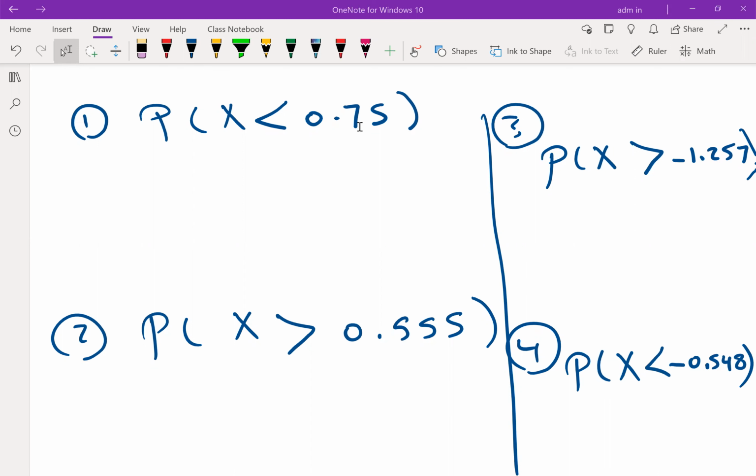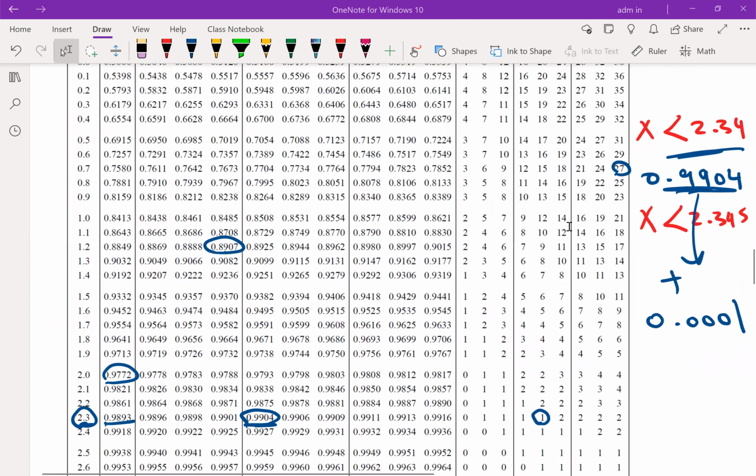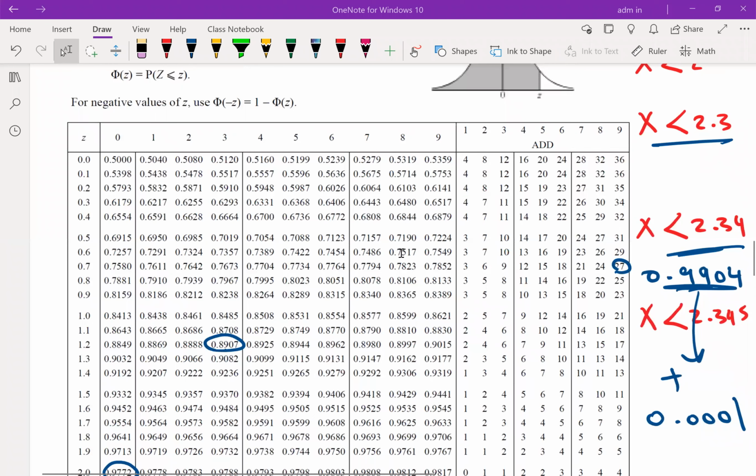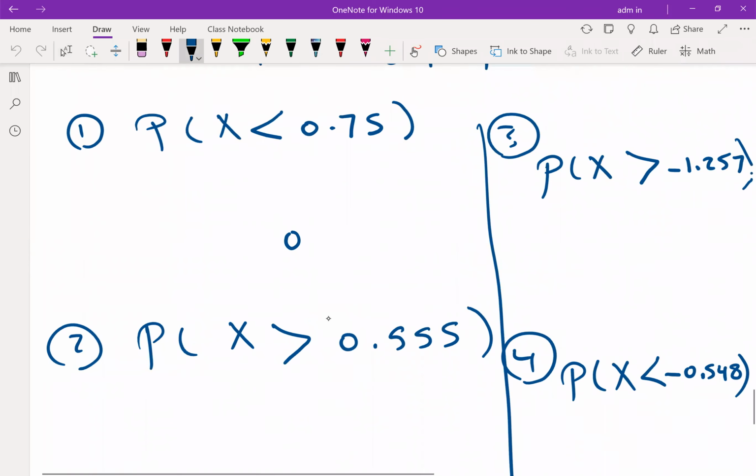Is it 0.7734? Your answer is what? 0.7734, correct. Directly from the table, less than 0.75 is 0.7734.